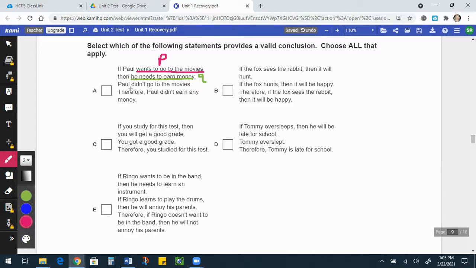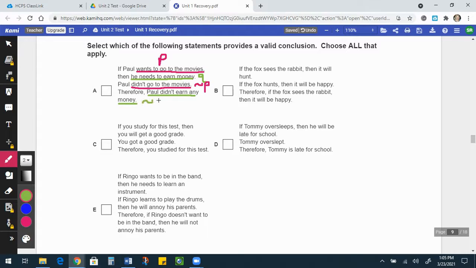That relates to the P, except it was negated. Therefore, Paul didn't earn any money. Earning money was the original Q. It matches very closely, but it was negated.